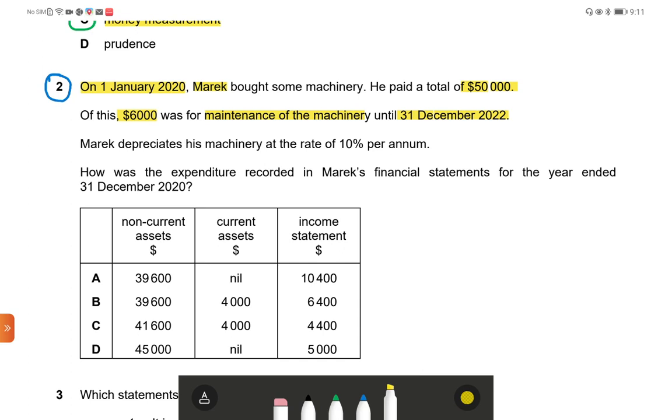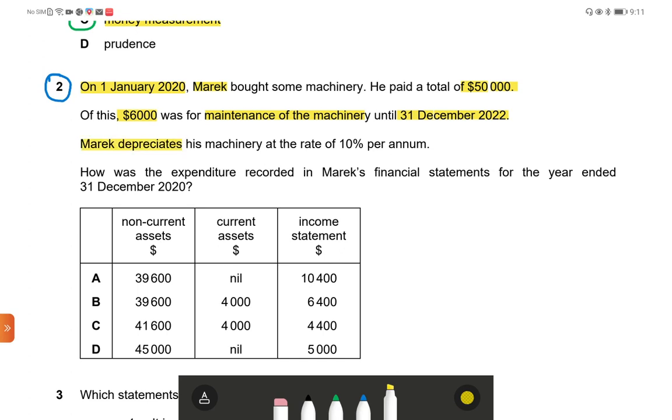It means Marik purchased machinery and paid a total of $50,000, but the 50,000 is not fully the cost of machinery. It includes 6,000 for maintenance of the machinery till 2022, meaning 3 years of maintenance cost.